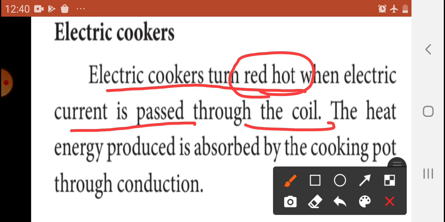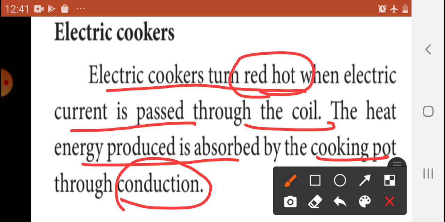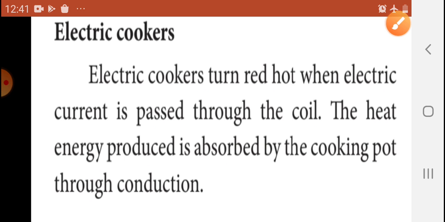It will be heated up and heat energy is produced, and the heat energy is absorbed by the cooking pot through conduction. By conduction, the cooking pot absorbs this heat energy. That is nothing but electric cookers.